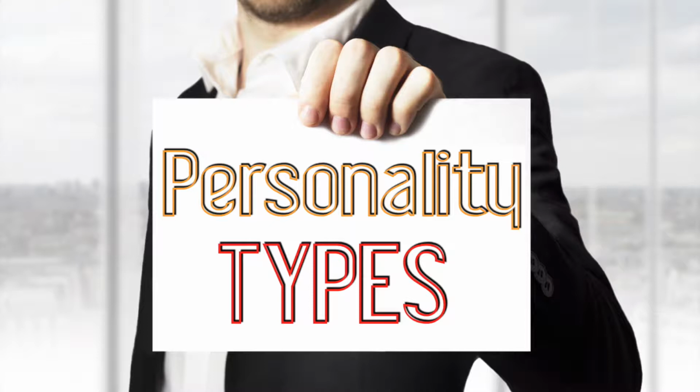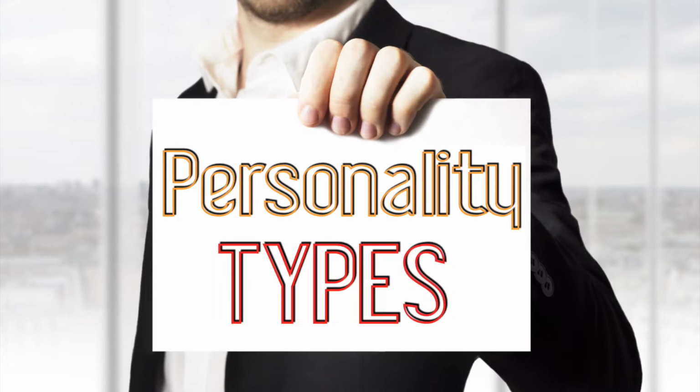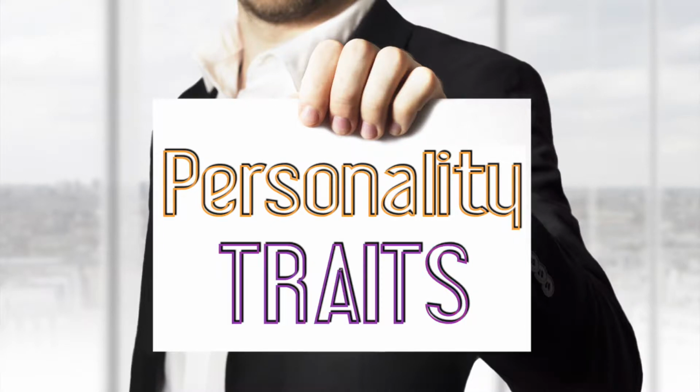Types are sometimes said to involve qualitative differences between people, whereas traits might be construed as quantitative differences. According to type theories, for example, introverts and extroverts are two fundamentally different categories of people. According to trait theories, introversion and extroversion are part of a continuous dimension with many people in the middle.